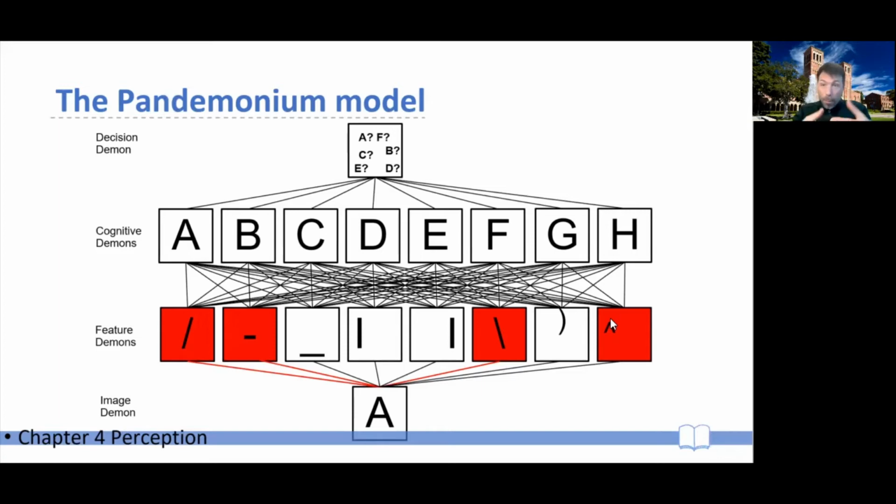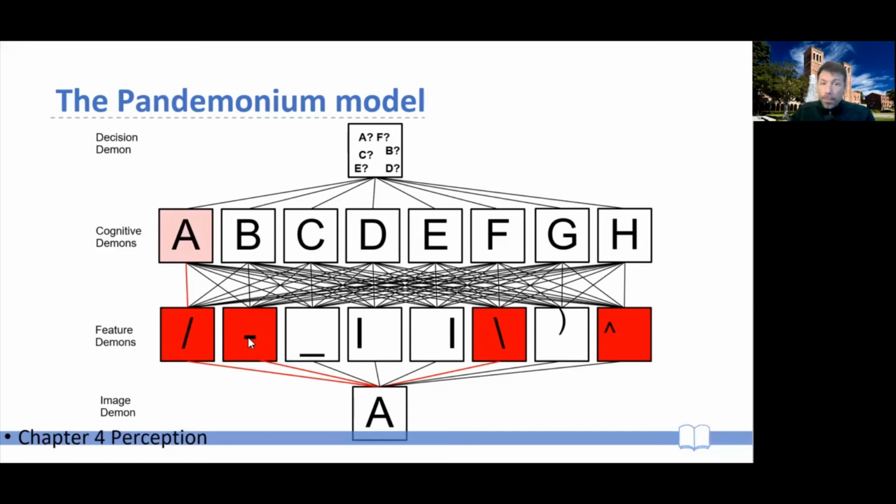Now that we've decomposed the input into its features, these features will then elicit activation in any cognitive daemon or any representation that has these features. So for example, this oblique line will trigger activation in the A, since it's the only letter that has this particular oblique line.